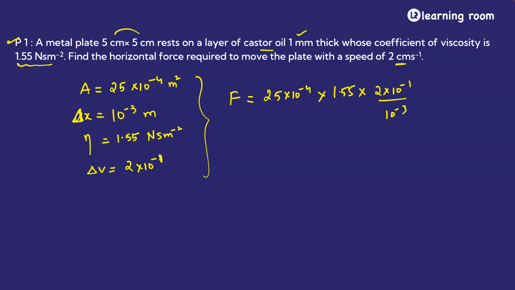So what is 1.55 into 2? Now first we'll do this, no? It's 3.10. 3.1 into 25 is approximately going to be 75 point something. Or 77, huh? How much is it coming?